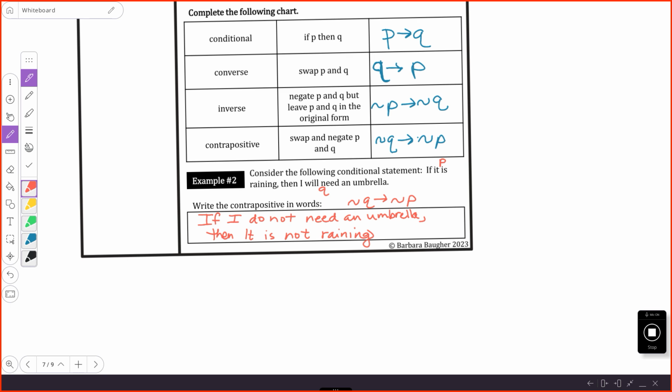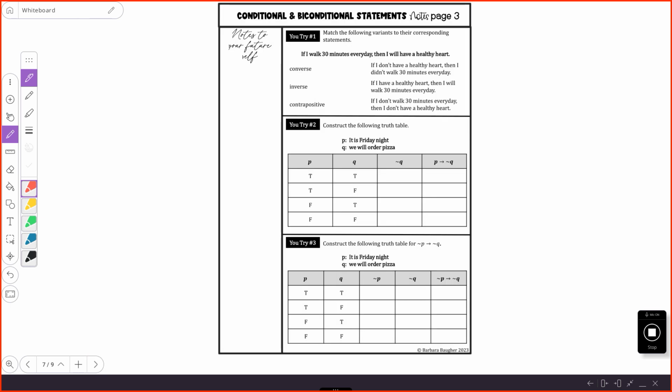So it's just backwards and negative. Okay, we good so far? Sure. All right, now we're gonna do truth table. Oh, well, let's first look at our variants. I forgot we did that first.